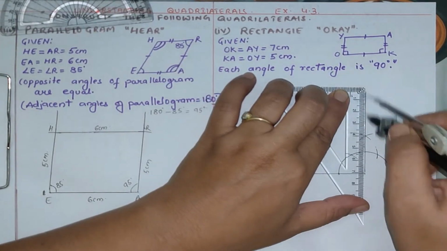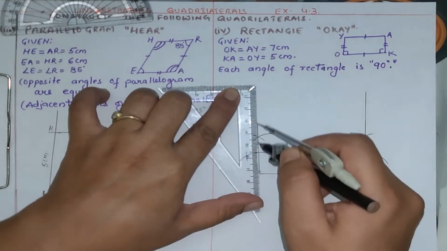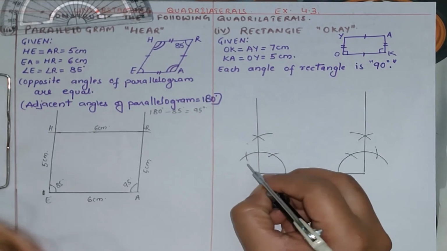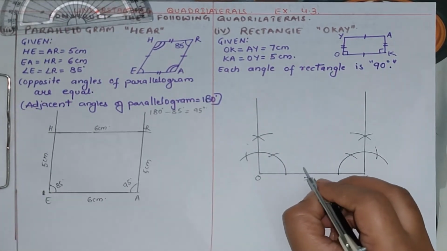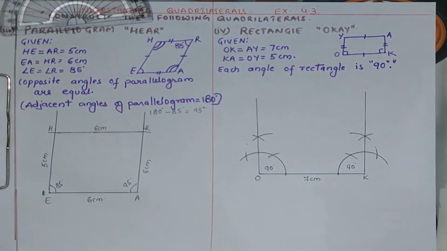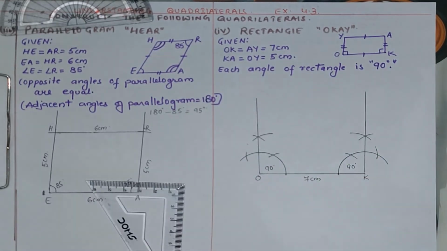So here we are with our 90 degree at both the corners. See, each angle is equal to 90 degree. Concept is very much clear. So here OK with the dimension 7 centimeter, 90 degree each angle, we got like that. And the adjacent side of the rectangle is 5 centimeter.